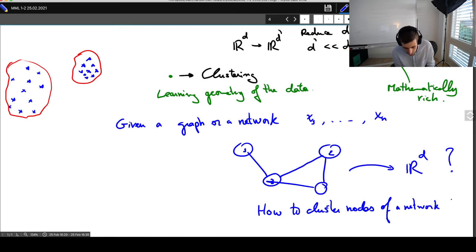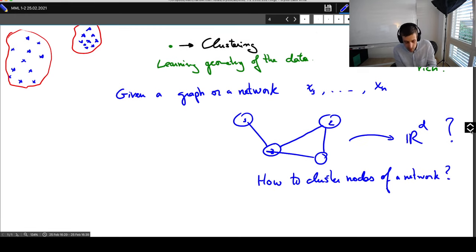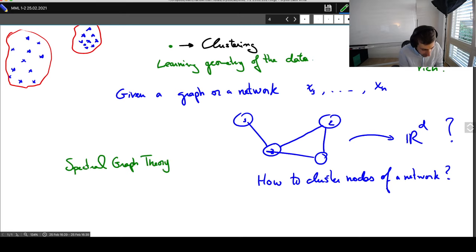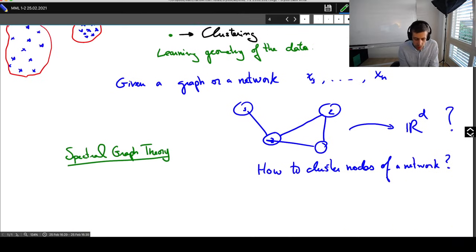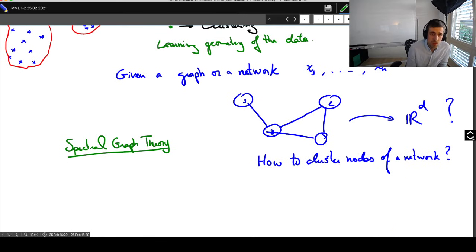Turns out that this is quite mathematically rich as well, and the right tool to answer some of these questions mathematically is so-called spectral graph theory. This we will cover in as much depth as we have time. We will see. Okay, so this is what unsupervised learning will be about.